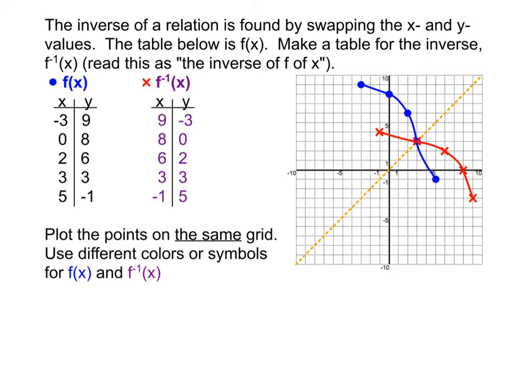So that's actually what's going on. Because it's a reflection like that, yes, it will be the same shape. And it should always be the same shape. The inverse will be the same shape as the original every single time. The only difference is that it's just been flipped over that particular line that you see drawn there.